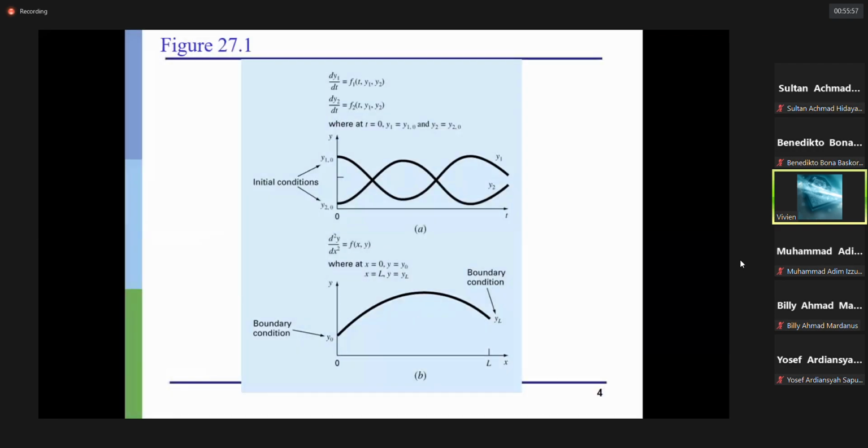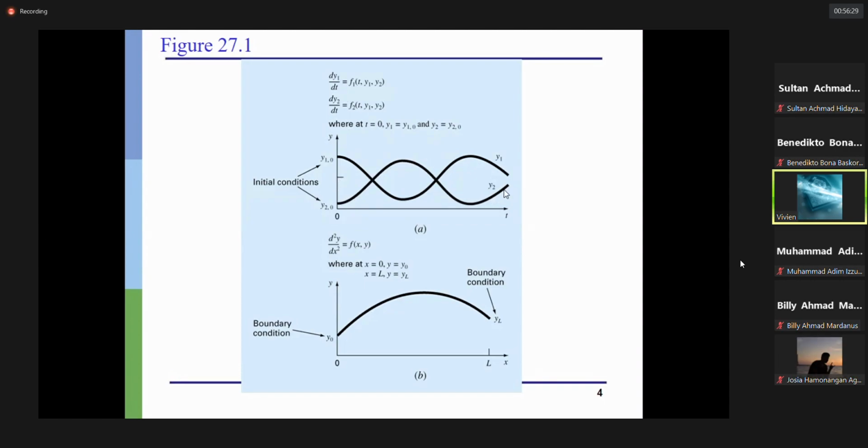So this is the result. If for example we have equations in the initial value problem, we can divide the second order ODE into two first order ODEs, so that now we can solve for each of the variables here, which are y1 and y2, using initial conditions, so that we have the result for the first equation and also for the second equation.